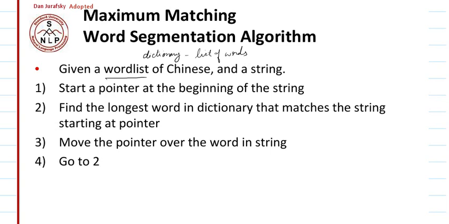So given a sentence, we put a pointer there and we move the pointer one by one at each character, and then we see whether that word is present in the dictionary or not, right? Every time we see that if the word is present in the dictionary, is that the longest word or not?